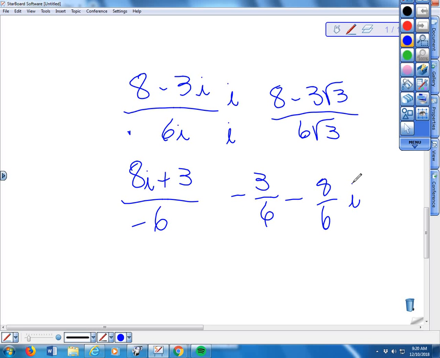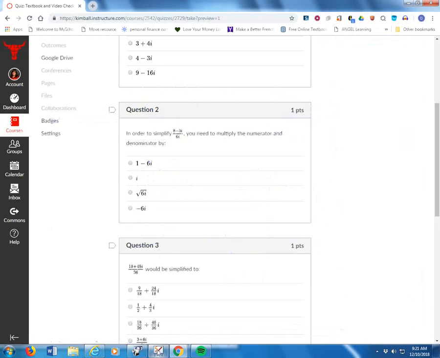Then simplify. So you don't have to multiply it by 6i. You don't have to multiply it by negative 6i. All you have to multiply it by is i, because there's no reason to do a conjugate. There's not a real part to that number. So the correct answer here is i.